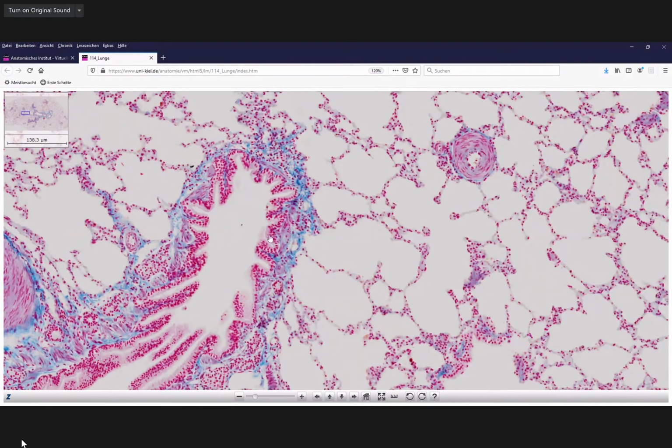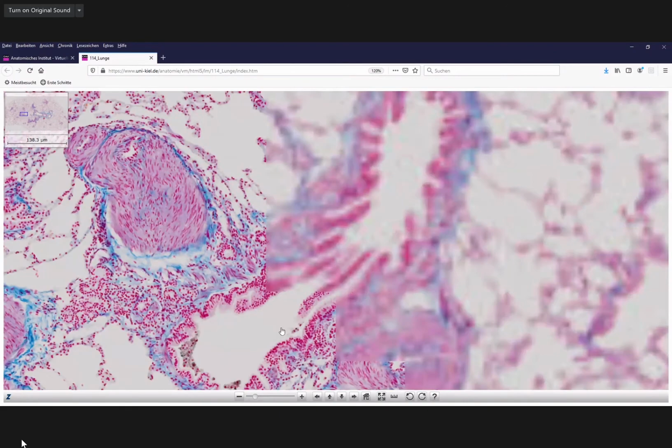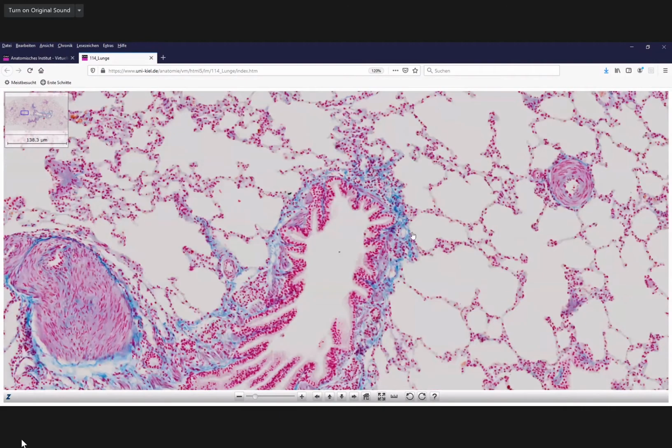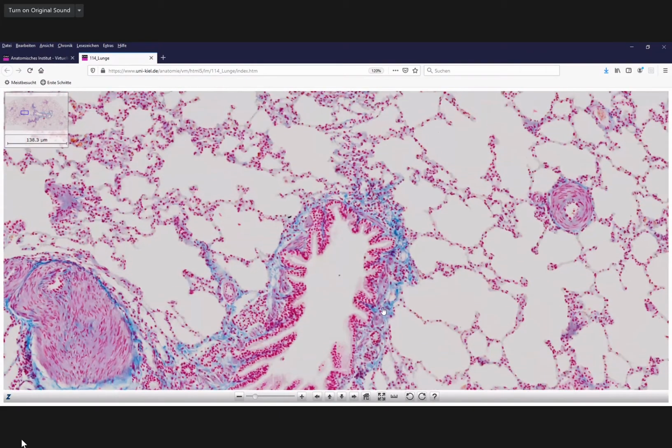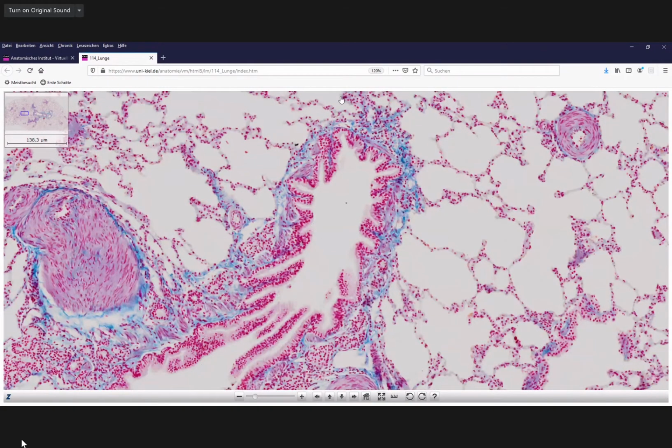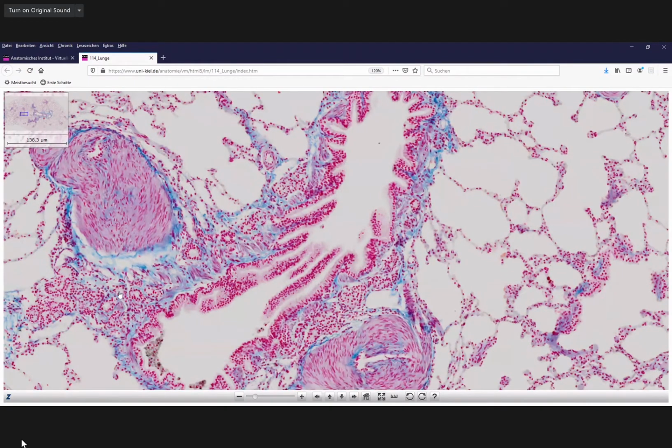You see here in this particular part, which is right in the neighborhood to this here, there is actually no gland in the wall anymore. So this part here is really typical, like a bronchiole should be, and this is something in between.